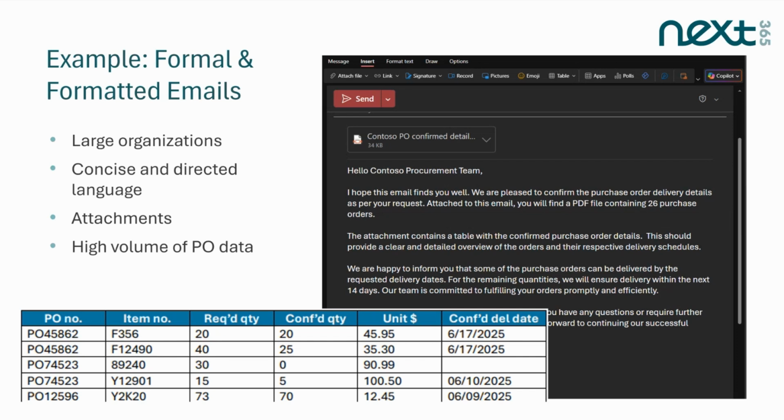Okay, so I have an example email from perhaps a larger organization that can send something like this. Their emails tend to be a little bit concise. They use directed language. They can potentially have high volumes of data. The PO data that needs to be confirmed or updated is presented in an attachment.